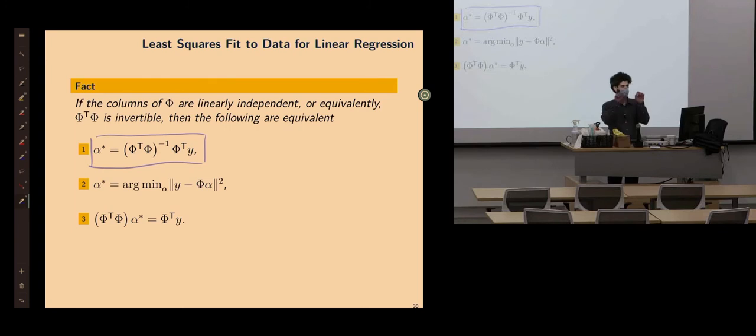Or these are those three equivalent solutions that we had. Or you can say that alpha star is the argmin of squared norm of the error. Or you can say that the alpha star should satisfy the normal equation. That's my solution. If the system is larger scale, we're not going to invert it explicitly, right?